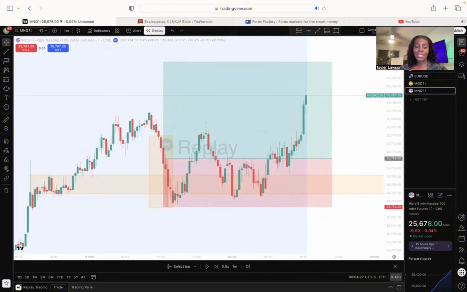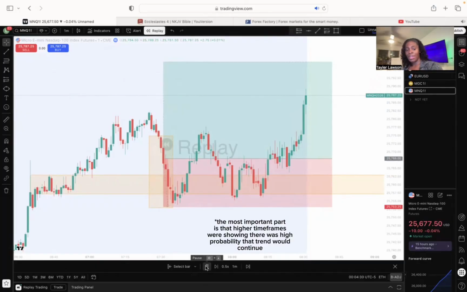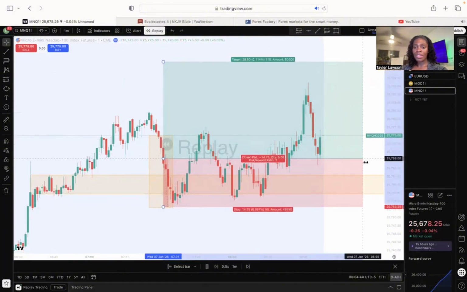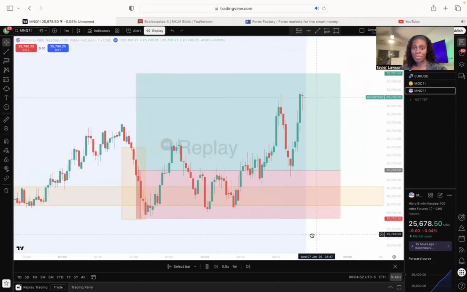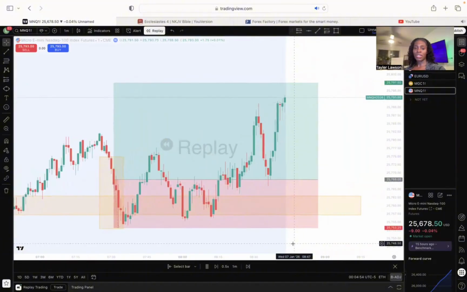So I took my chances for a 1 to 2. Price started to reverse on me. I kept holding, kept holding. I was very, very patient in this trade.